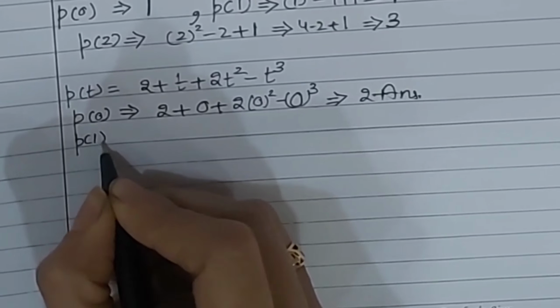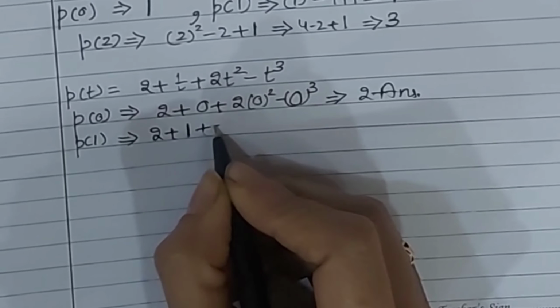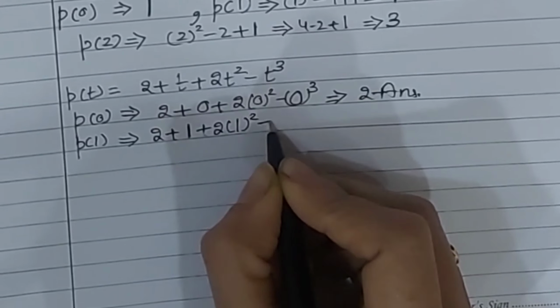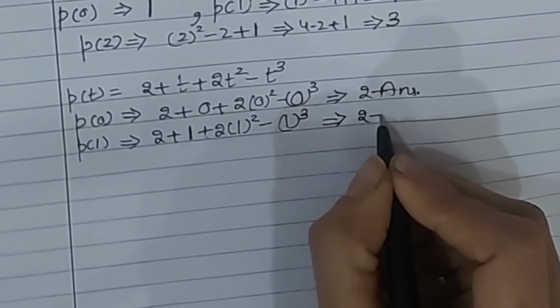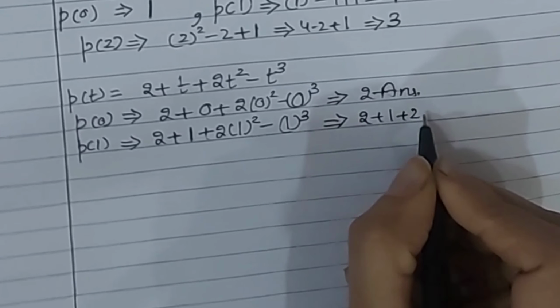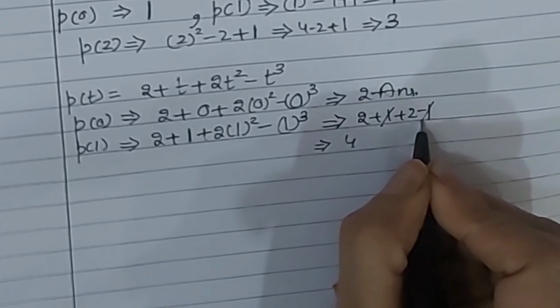Similarly, when we put 1 in place of t, 2 plus 1 plus 2 times 1 square minus 1 cube, which will get 2 plus 1 plus 2 minus 1, which is 4, because 1 will cancel with 1.